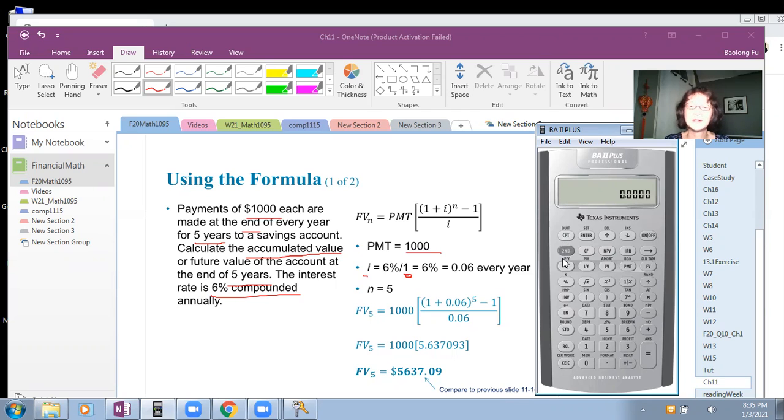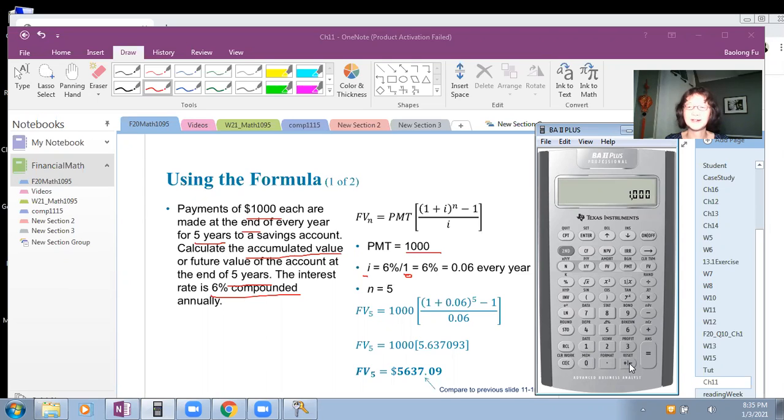So after that, N is the term, 5 is N, 5 years. I/Y is interest. When you use the calculator, you just type in number 6 without percentage. This is I/Y. PMT is 1000. PMT usually is taken as a negative number.